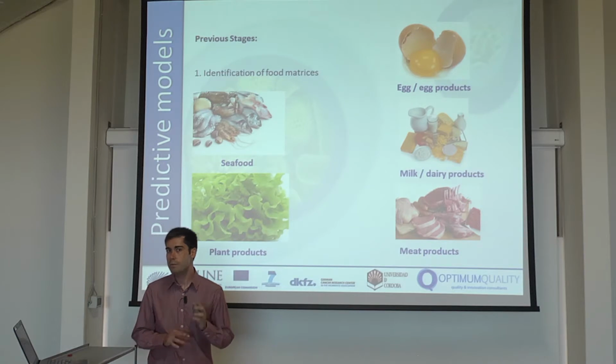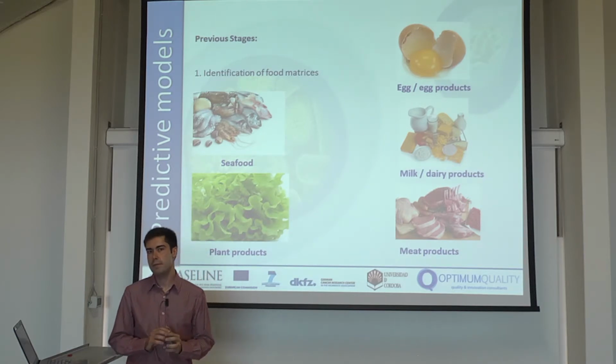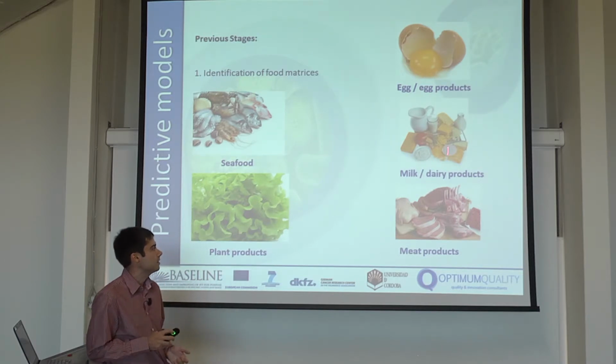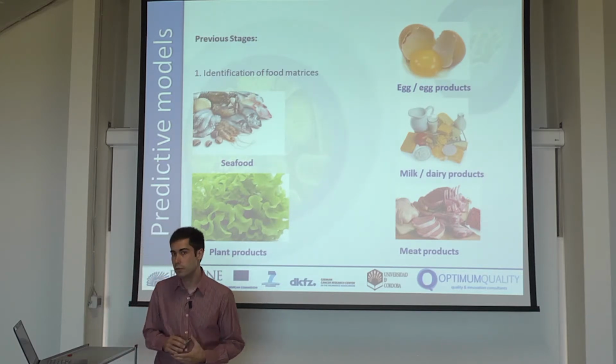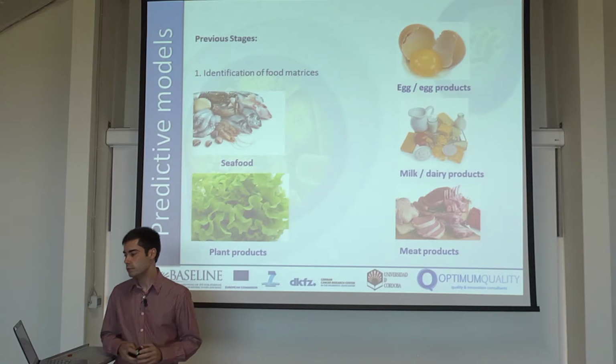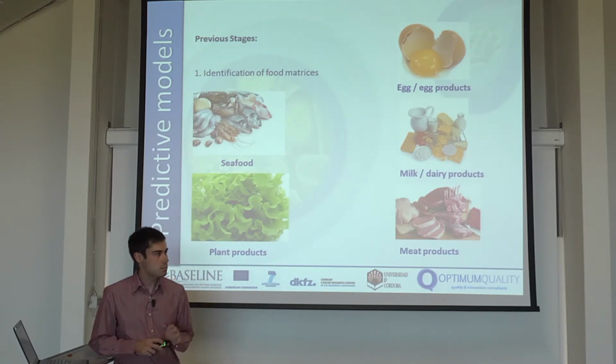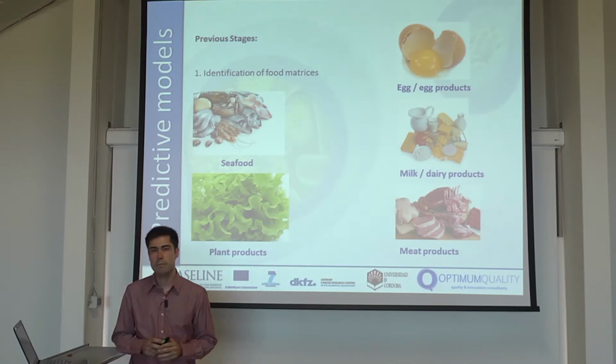First of all, we proceeded to identify the main food matrices, basically the five food categories included in baseline: seafood, egg and egg products, milk and dairy products, meat products, and also plant products.